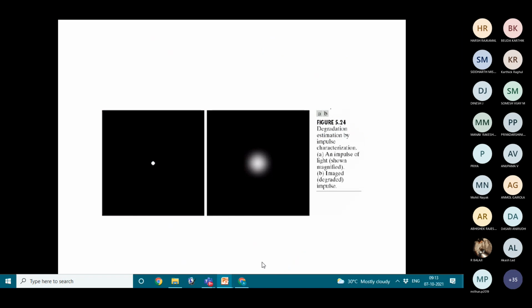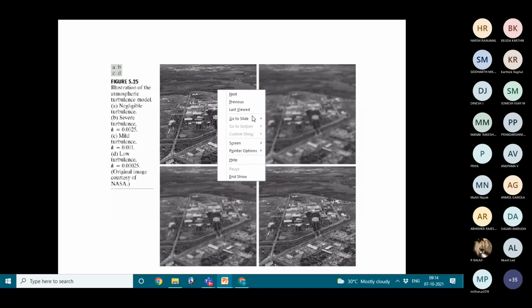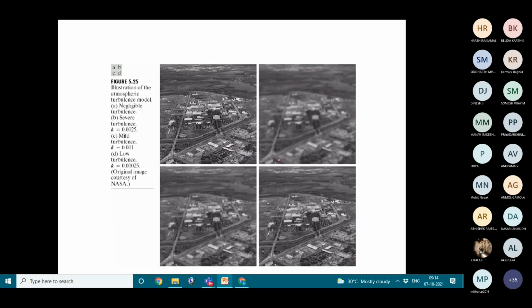So this is the degradation estimation by impulse. This is the impulse light, and this is the imaged impulse. These are the impulse variations, and this is when the turbulence is being varied. When the turbulence is neglected, this is the image, and the turbulence has been taken as 0.0025 for severe turbulence, mild turbulence is 0.001, and this is low turbulence, 0.00025.